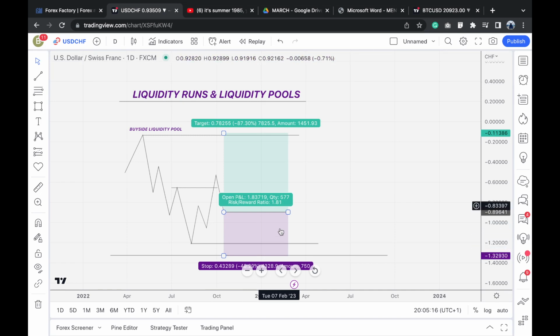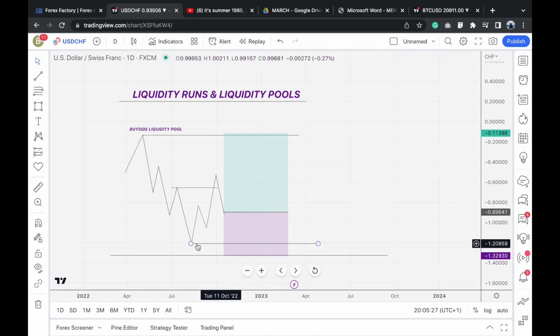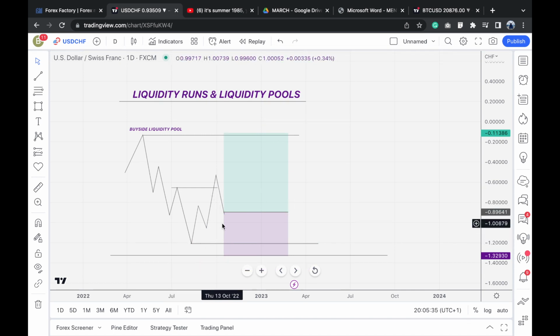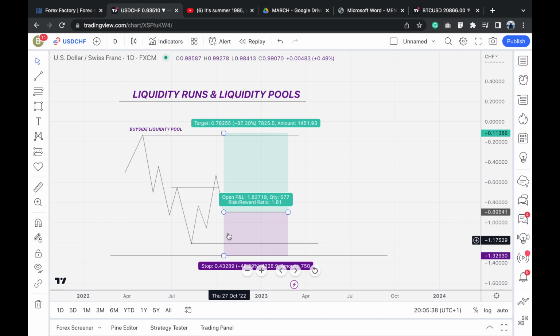Down here is going to be all the willing sellers and the buyers inside this range with their sell stops. There's also going to be all the willing sellers here with their sell stop orders. So it's going to be all the buyers inside this range with their sell stop orders and all the sellers inside this range with their sell stop orders.